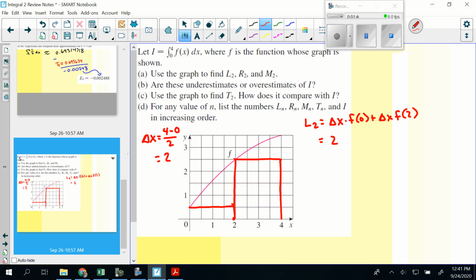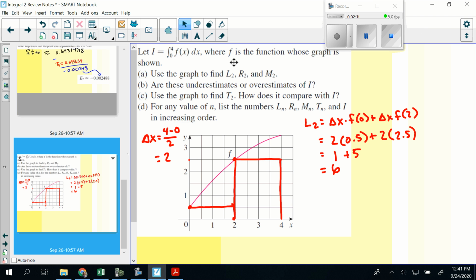F at 0 is the height here, which is 0.5. Again, our change in x is 2, and then our function value height at 2 here looks like it's 2.5. So if we add this up, half of 2 is 1, 2 times 2.5 is 5, and so it looks like our L2 value comes out to be 6.